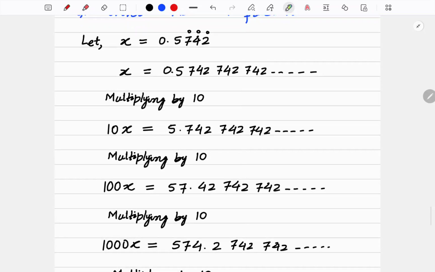As our objective is the same decimal series, 0.57 and 0.742 are not the same, so keep multiplying by 10. Again multiply by 10, 10x becomes 100x, 5.74. Again multiply by 10, the decimal shifts inside, so it becomes 57.42.